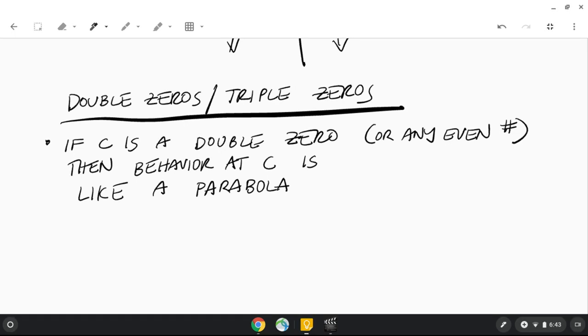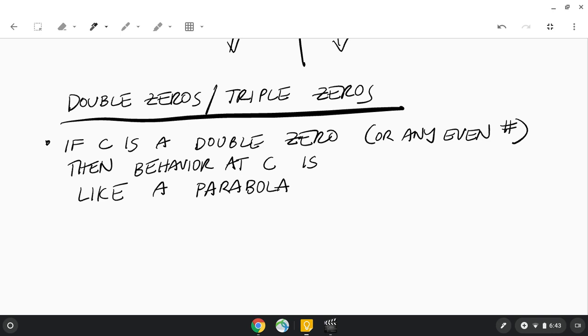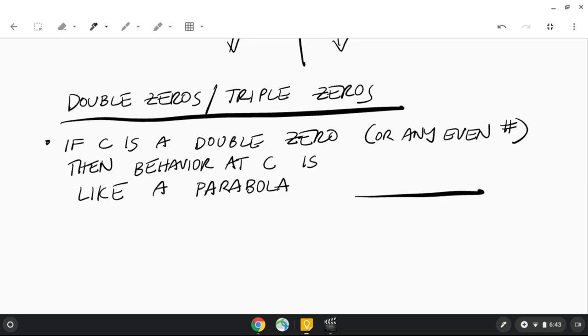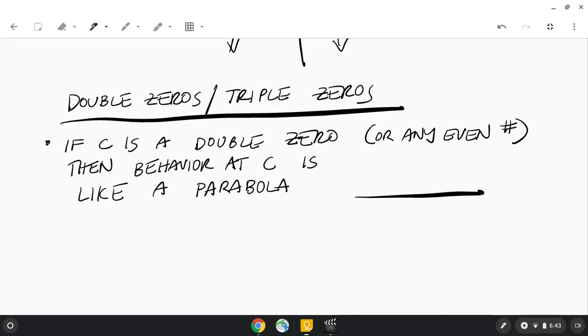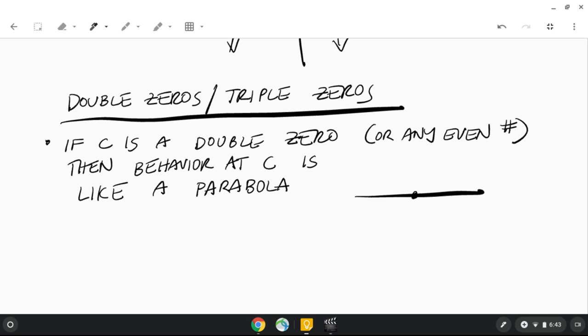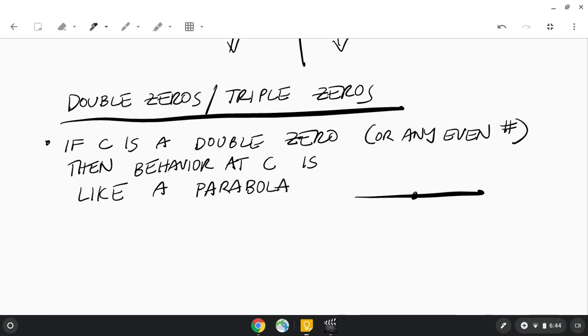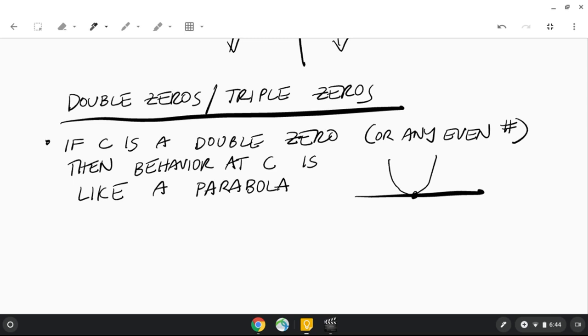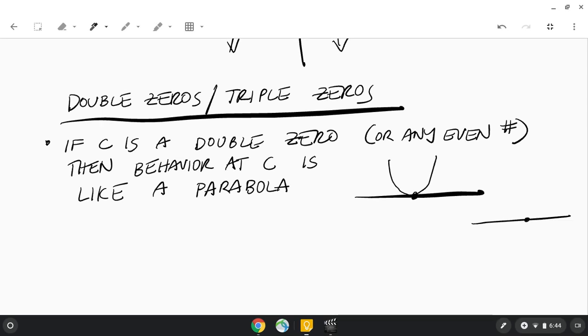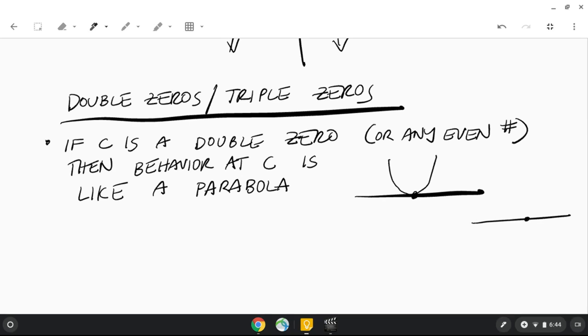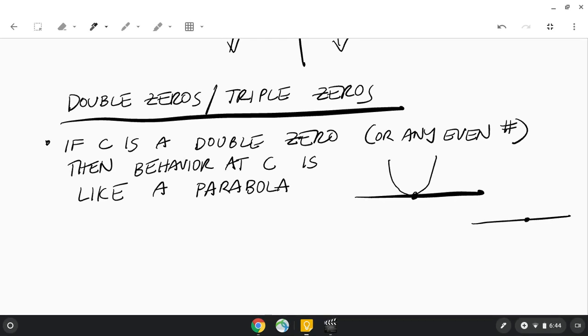So again, if you have an intercept right here that is a double zero, then it's going to be a turning point. Or it could be going downwards. So if that's a double zero, then it would be a turning point, not a go-through point.